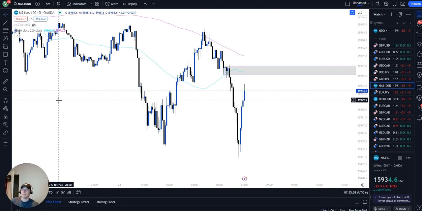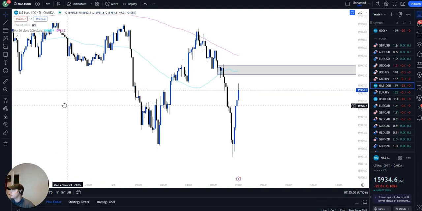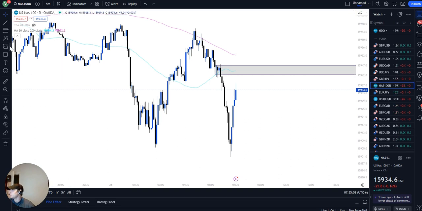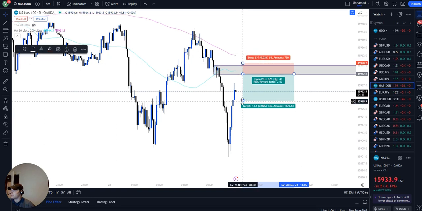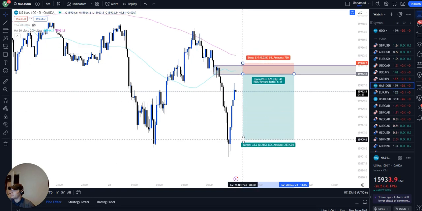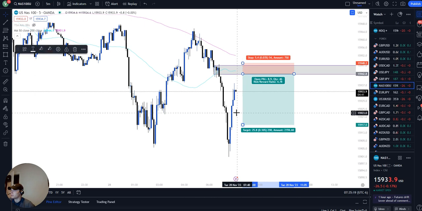All right, y'all, doing a little bit more analysis as the market's kind of developing this morning, and I'm seeing a pretty decent supply zone right here on NASDAQ. This could be a good trade as well.